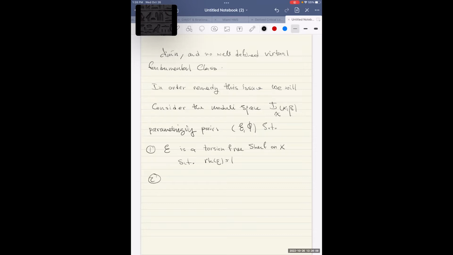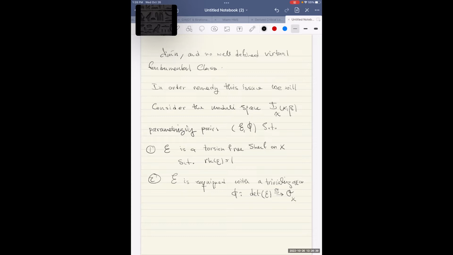E is equipped with a trivialization phi, which is a map from the determinant of the sheaf to O of X, and this map is an isomorphism.